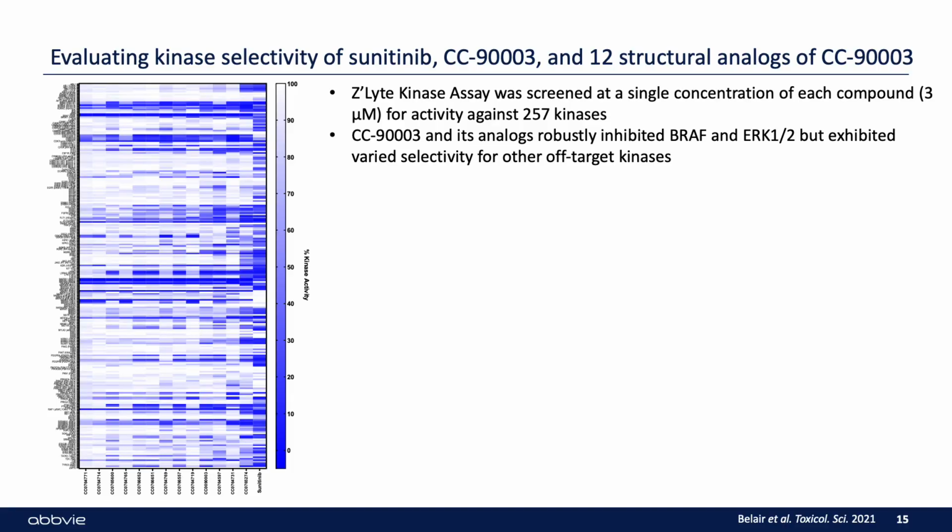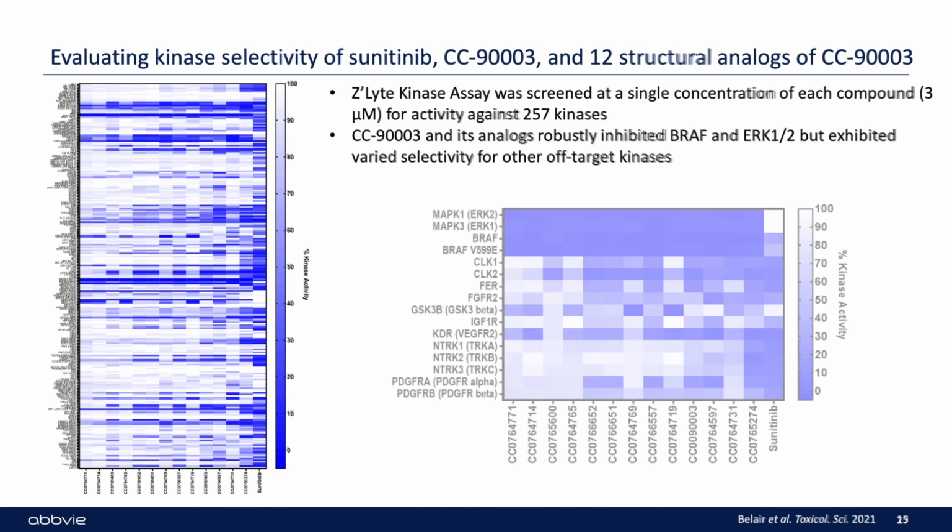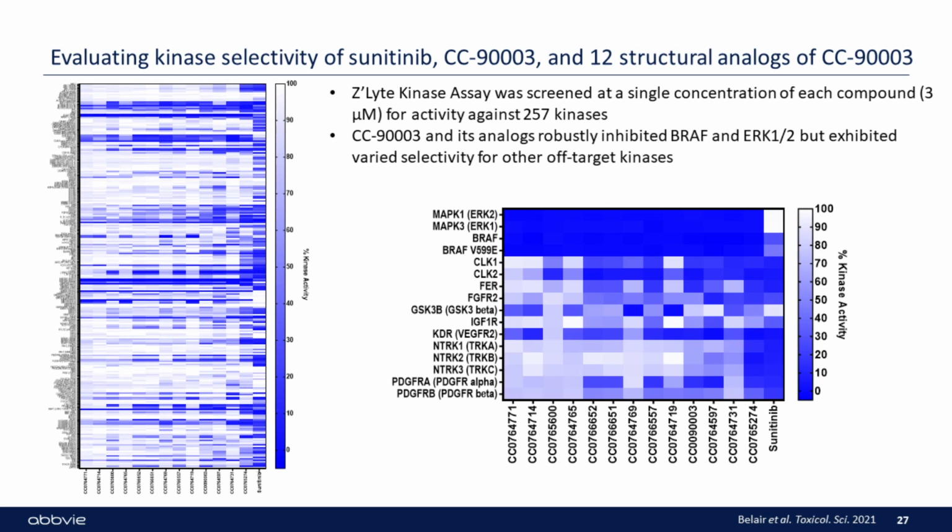The approach that we took to examine the ERK dependence of our in vitro findings was to evaluate the kinase selectivity of CC90003, sunitinib, as well as 12 structural analogs of CC90003. We screened many more than 12 in this kinase selectivity assay, but we selected 12 of them for downstream in vitro screening based on their varied selectivity of other off-target kinases.